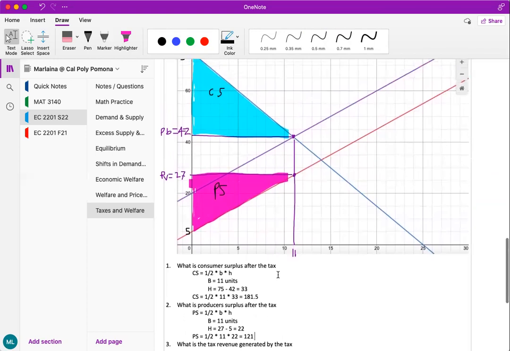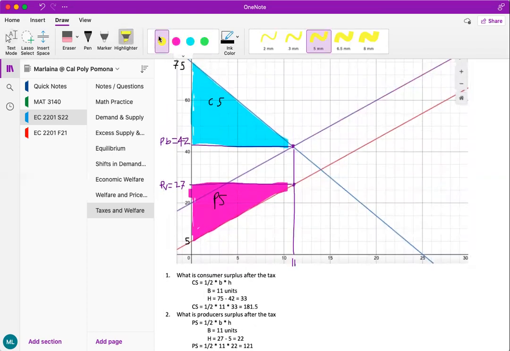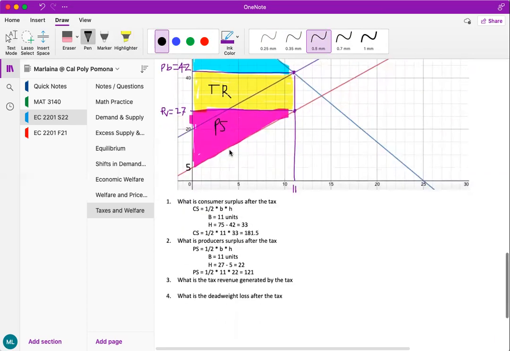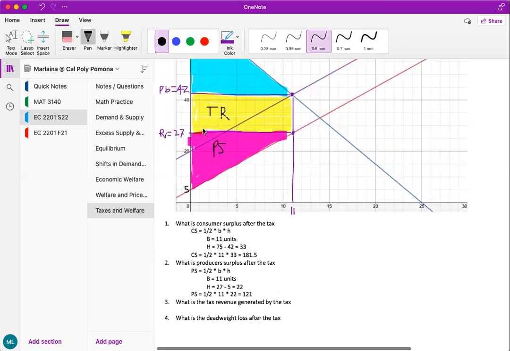Now looking at the tax revenue, just as we discussed previously, it's going to be this little gap in here between the consumer surplus and the producer surplus. It's going to be representing the amount of revenue that is paid to the government from the tax. And again, as discussed previously, I'm just going to put TR for tax revenue. The area of a rectangle is just given by base times height. And notice our base is the units traded in the market.